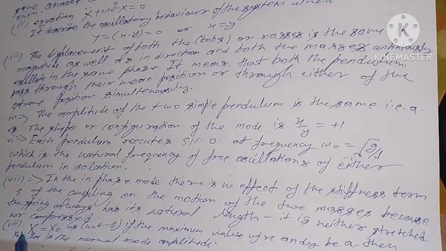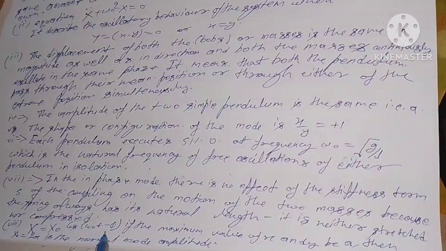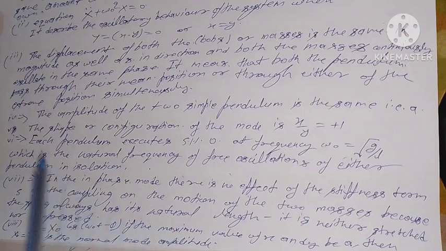It is neither stretched nor compressed. x equals x naught cos(omega naught t minus pi). If the maximum value of x and y is a, then x naught equals 2a is the normal mode amplitude.